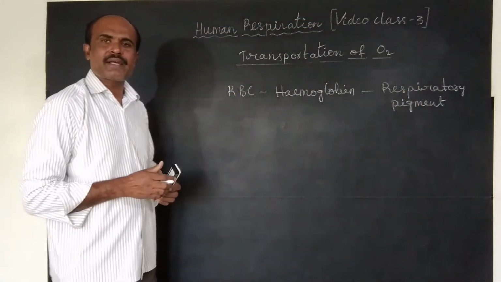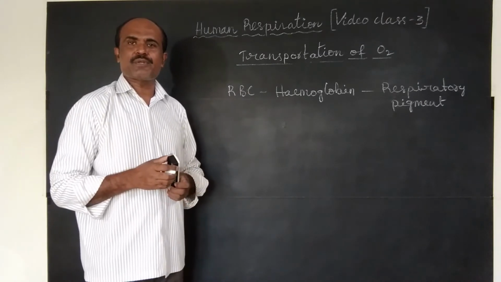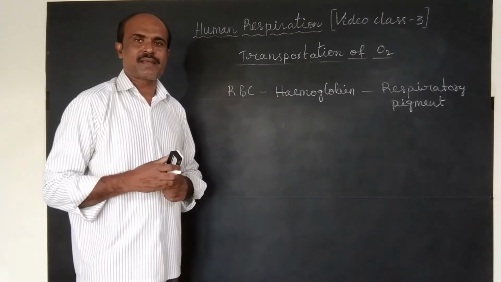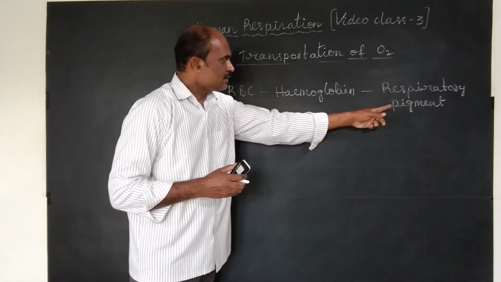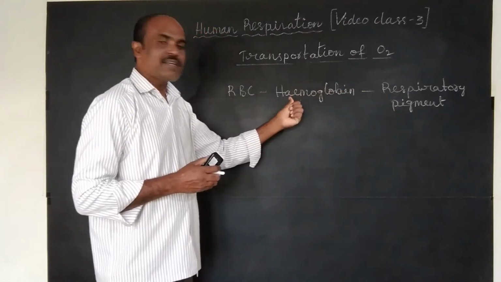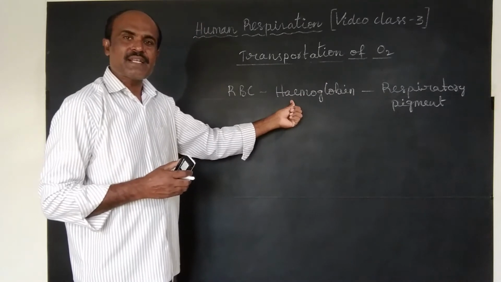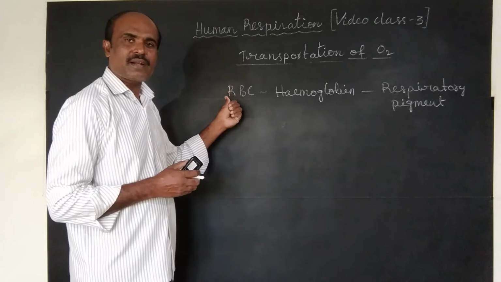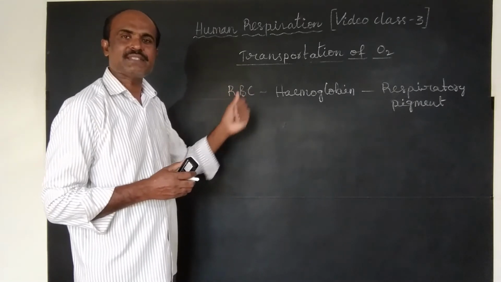Define a pigment: a pigment is a molecule which imparts color. So what color does hemoglobin impart to blood cells? Red color. So these types of cells are red blood corpuscles or red blood cells.